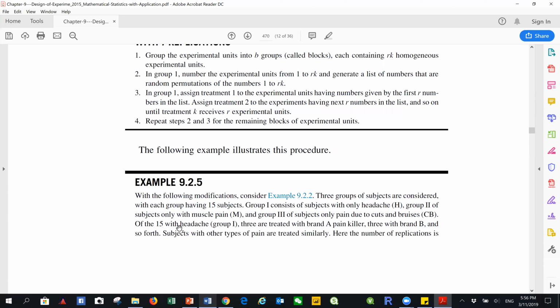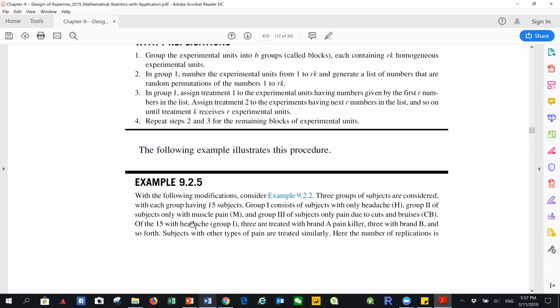Each group has 15 instead of 5, so we have 3 replications for each dose. R is 3, K is 5, and the number of blocks B is 3.